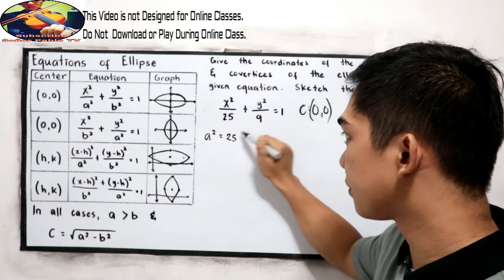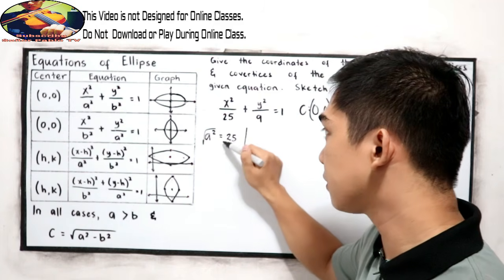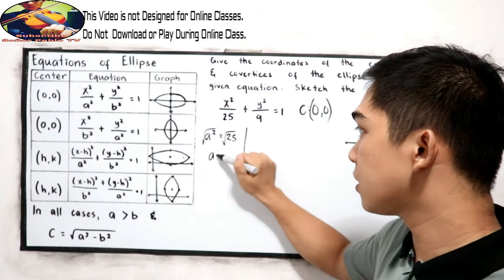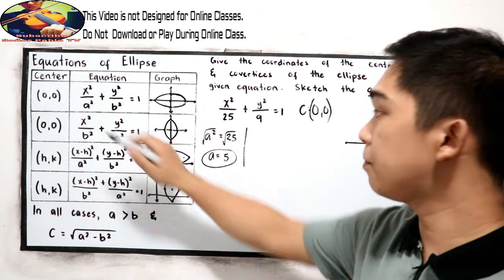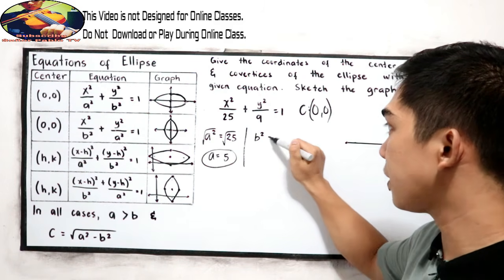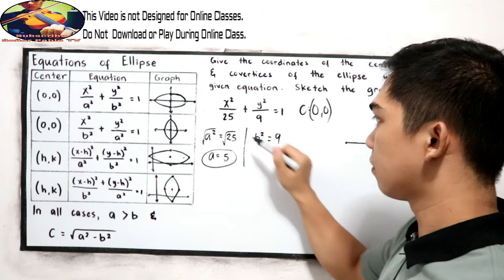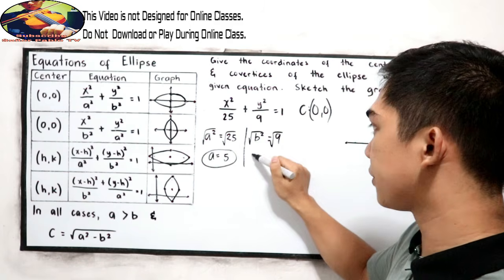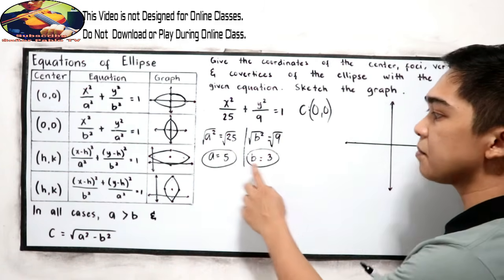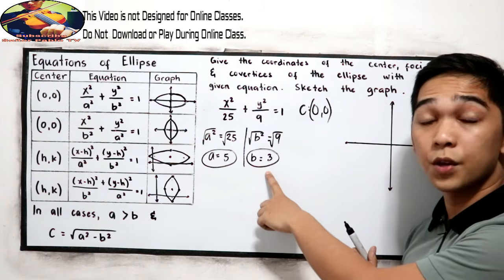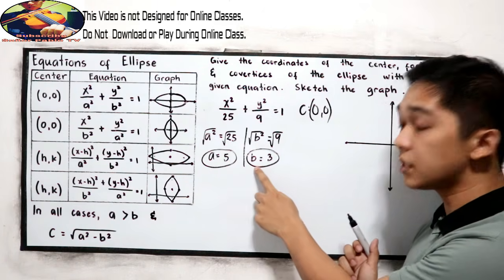So get the square root. So a is equal to 5. Next, find b. So the value of b squared in our form is 9. Extract the square root, b is equal to 3. So a is equal to 5, b is equal to 3.